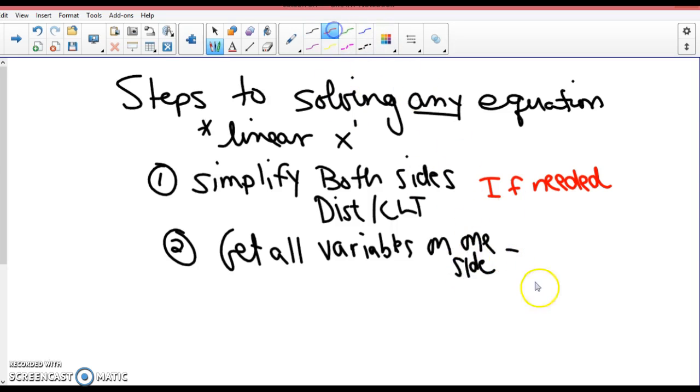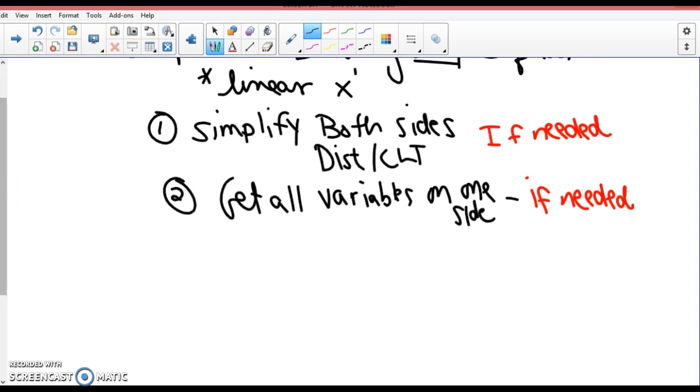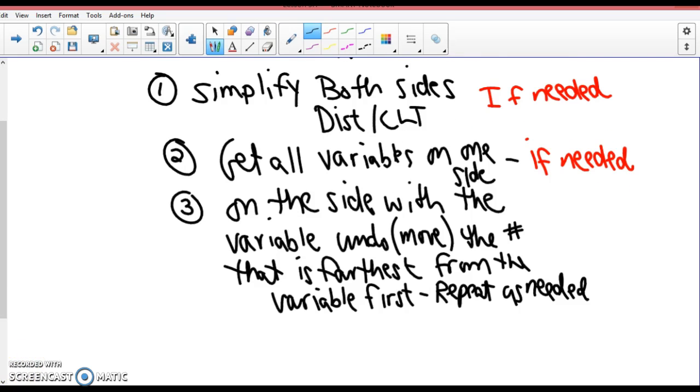Again, only if needed. Okay, the third step is on the side with the variable, undo or move the number that is farthest from the variable first and repeat as needed. You want to pause that and get that copied down. And when we see some examples, you're going to understand what I'm doing.